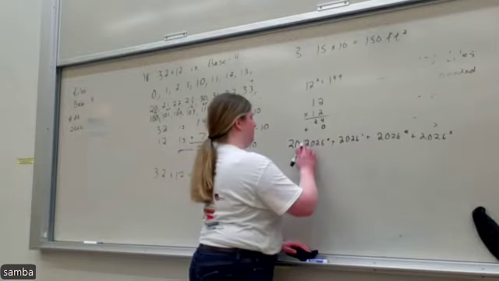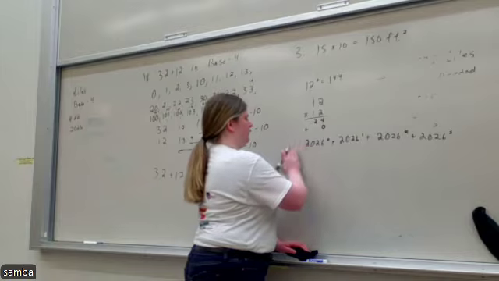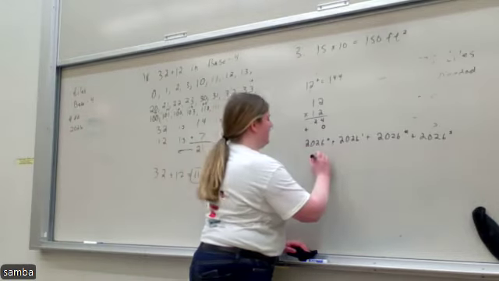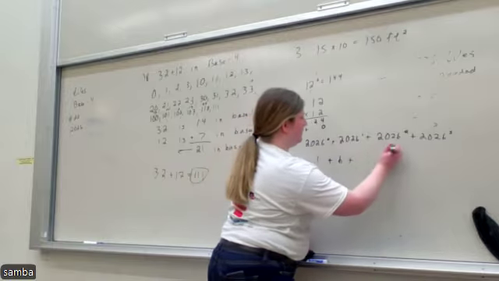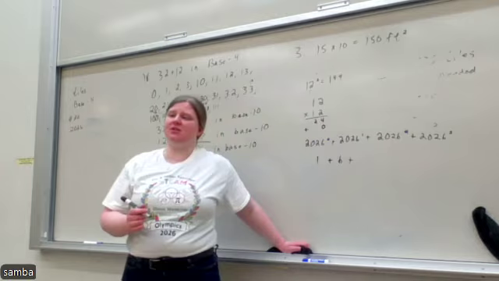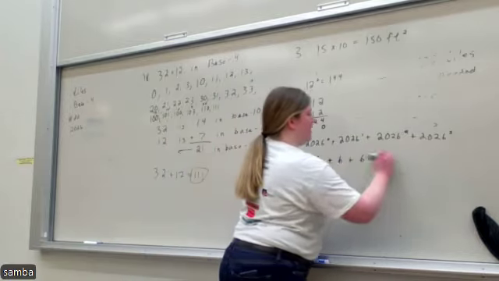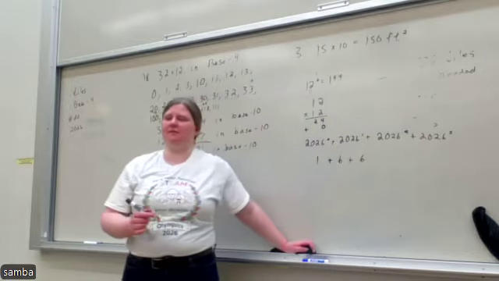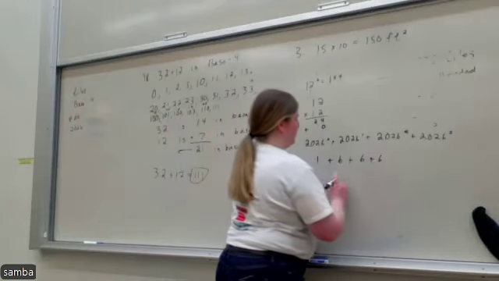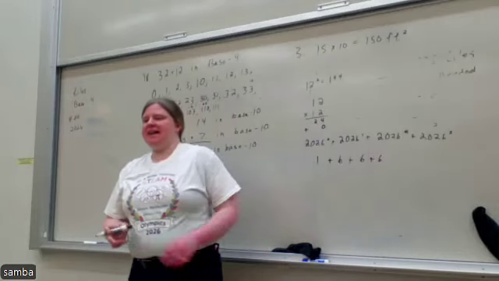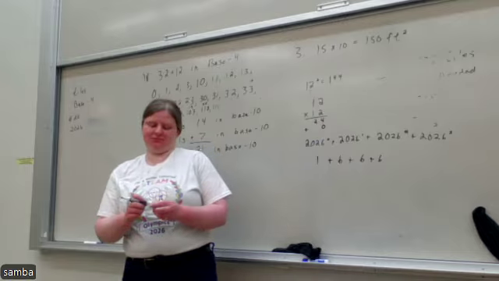So this one, 2026, that would be 1. From here you'll get 6. From here you'll get 36, which has the ones place of 6. And from here you'll get 6 to the 5th. The ones place of that is 9.